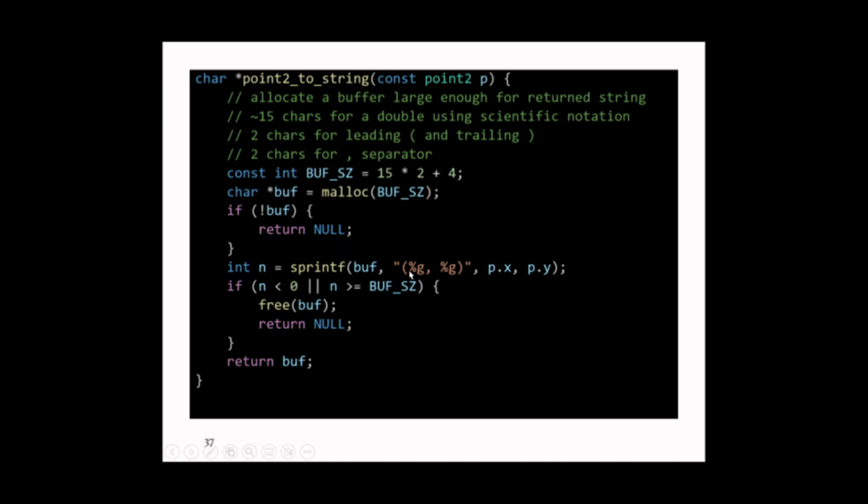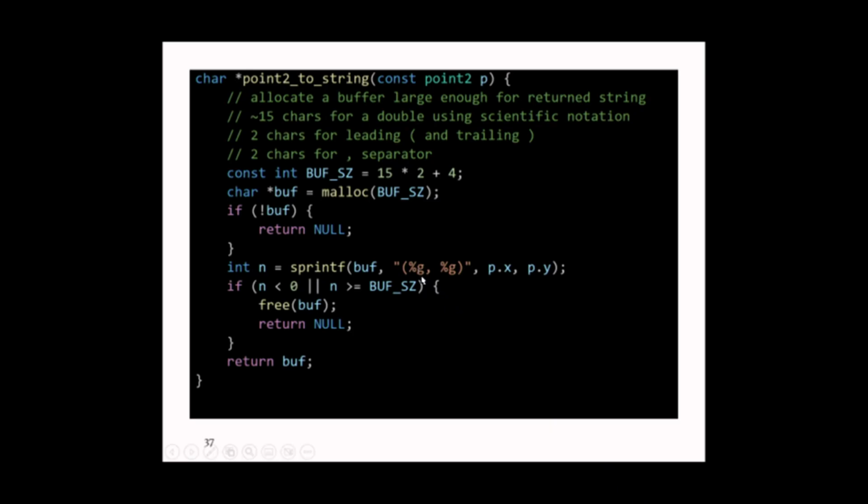If it's in scientific notation, there's going to be an e, so that's 9, followed by an exponent that could have 3 digits, so that's 12, followed by a sign, so that's 13. So each one of those %g's can take up to 13 characters, at most.